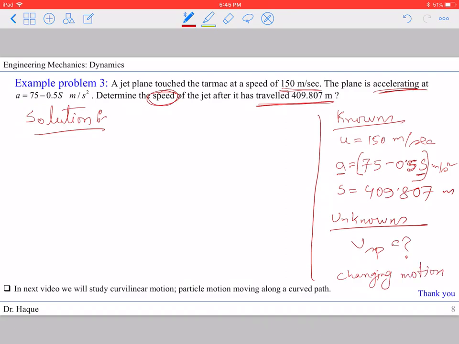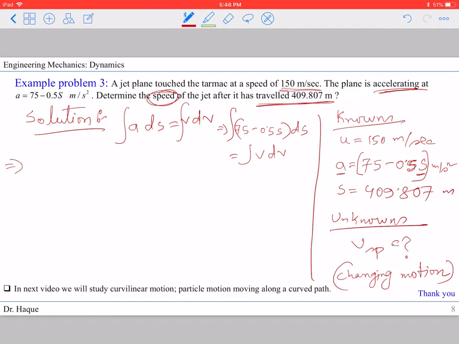We cannot use the formula, so we have to use an integral form. To connect acceleration with displacement, we derived in a previous problem a ds equals v dv, and we can do integration. We can plug the value of a, that is 75 minus 0.5 s, so (75 minus 0.5 s) ds equals v dv.